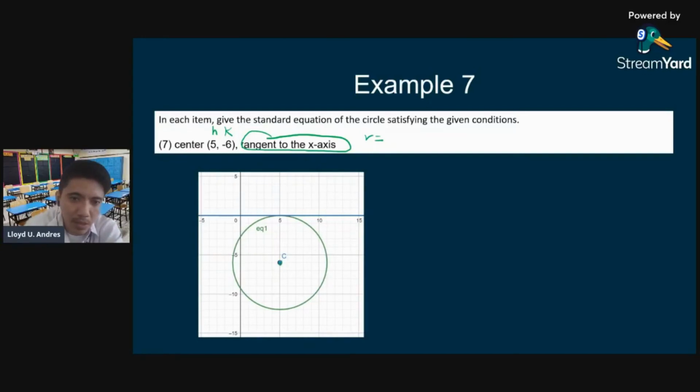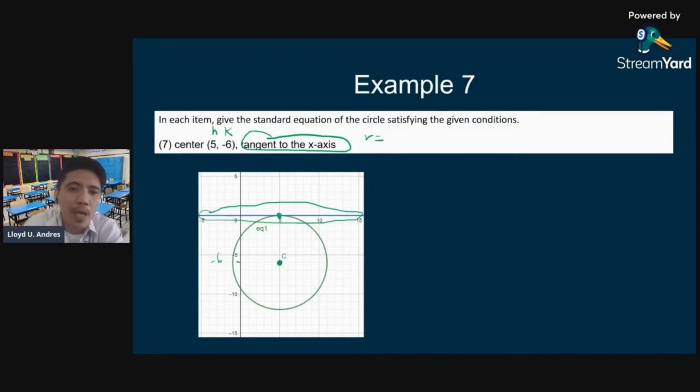So our center is at 5 and -6. So this is -6. This one is -6. So therefore 5 and -6. But it is tangent to the x-axis. This blue line is our x-axis. Therefore, we have a point of tangency here.